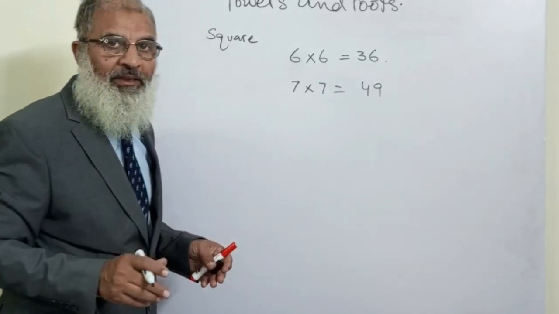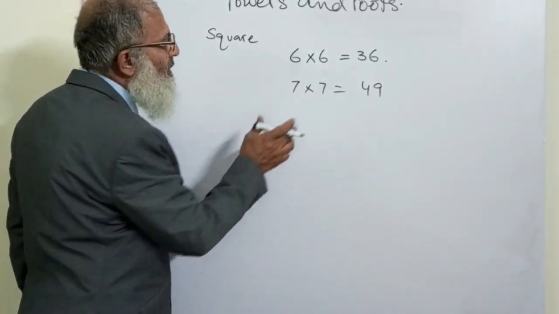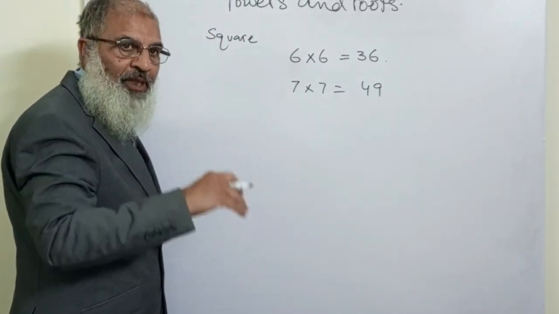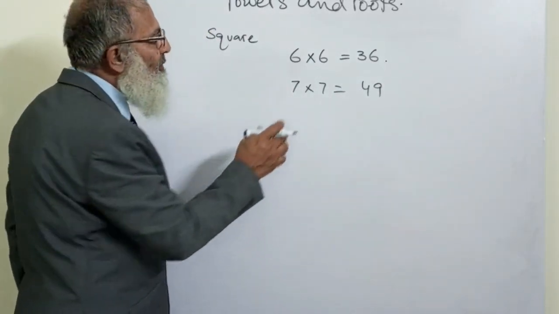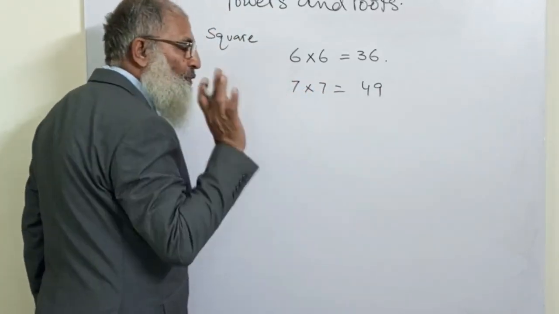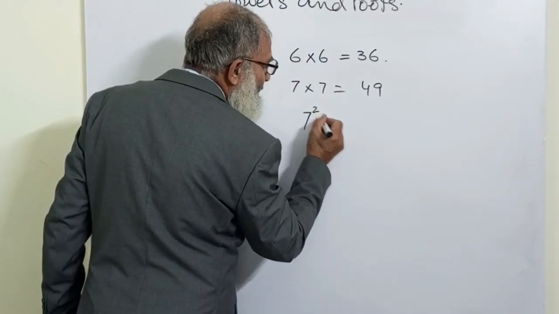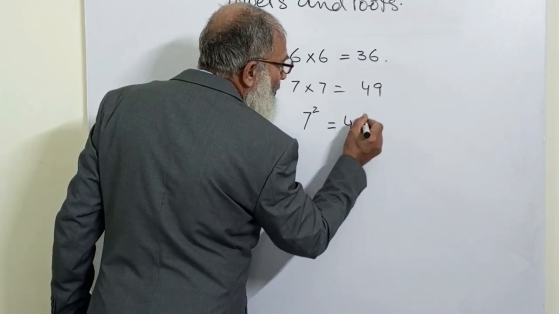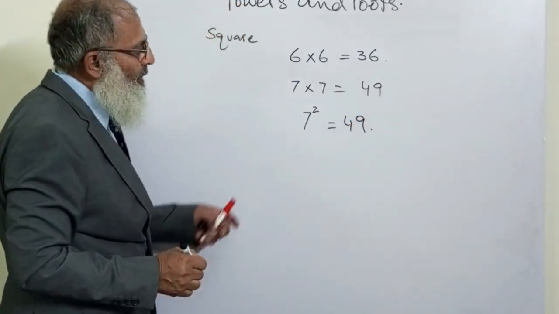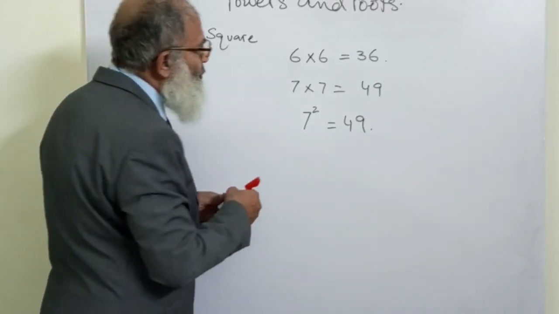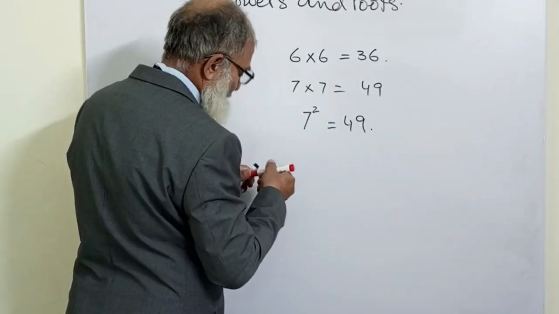And how to write this square number is like this. 7 multiplied by 7. That means number multiplied by itself is equal to whatsoever it is. Or you can write it like this. Now what is this 2 doing over here?